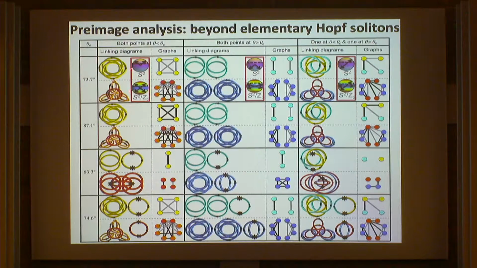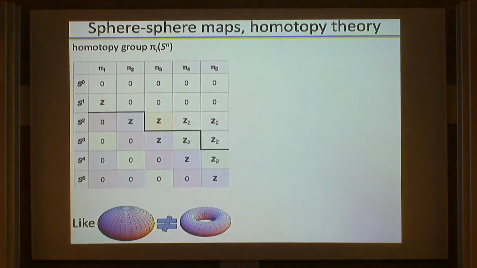So of course, in these two cases, the order parameter space is S2 or S2/Z2. And these are the graph representations where the closed loop preimages are simply shown as the filled circles, and then they can be linked with each other or not, depending on what type of solitonic structure we have.